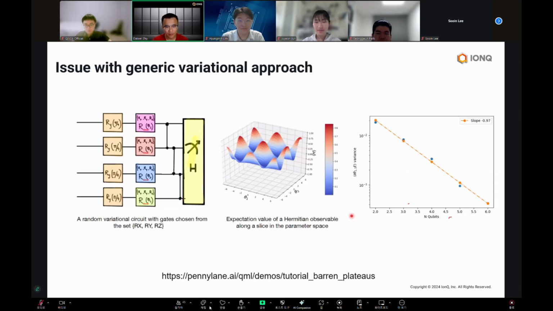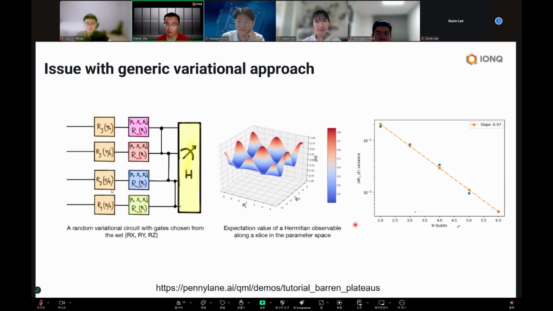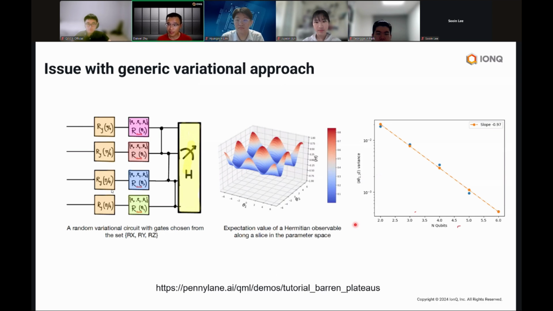The first thing I want to introduce is the hybrid algorithm. One very specific thing we did was about hybrid algorithms, or generic variational algorithms. The variational algorithm is really at the backbone of many quantum machine learning approaches, right?